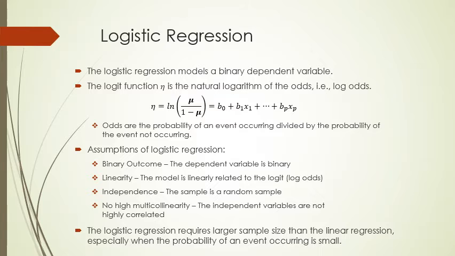For example, if there are 1,000 observations and the events occur at 0.5%, then we only have 5 events, and the logistic regression may not work well since there are too few events.